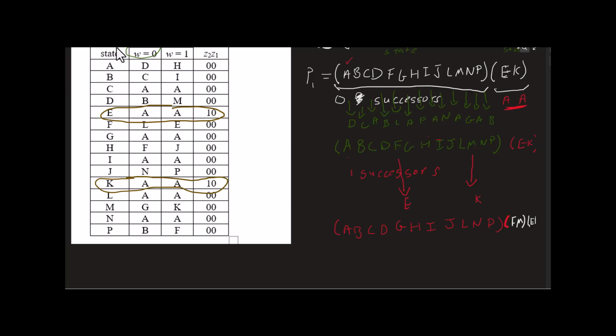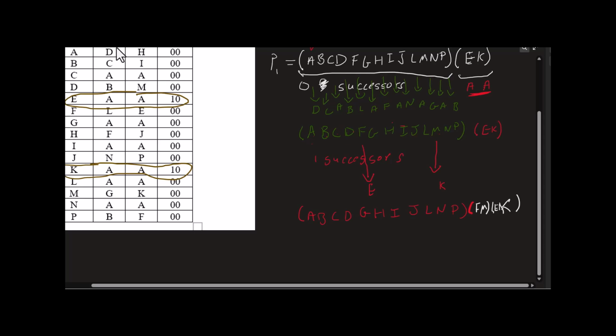What did I just discover about E and K? They're exactly the same. There's no way they're ever going to do anything different. I'm just not at all concerned about them. I'm not going to check them anymore. They're going to stay together. So I know that's going to be a partition.